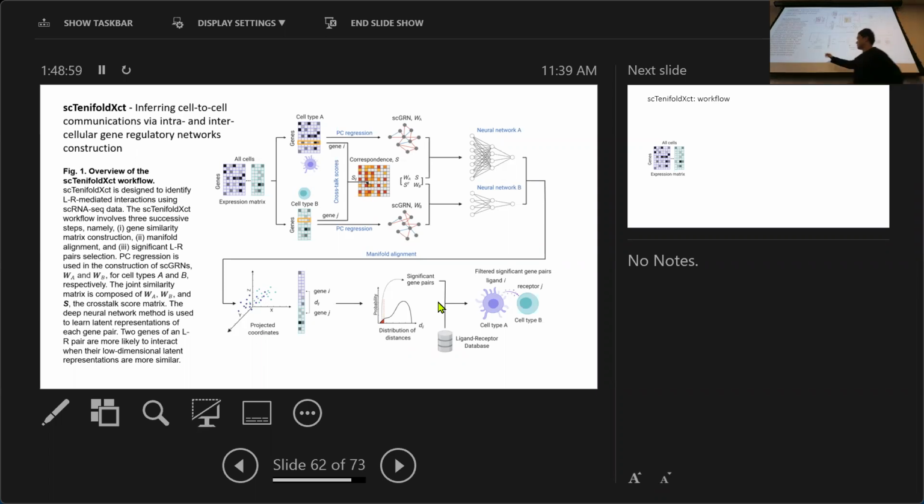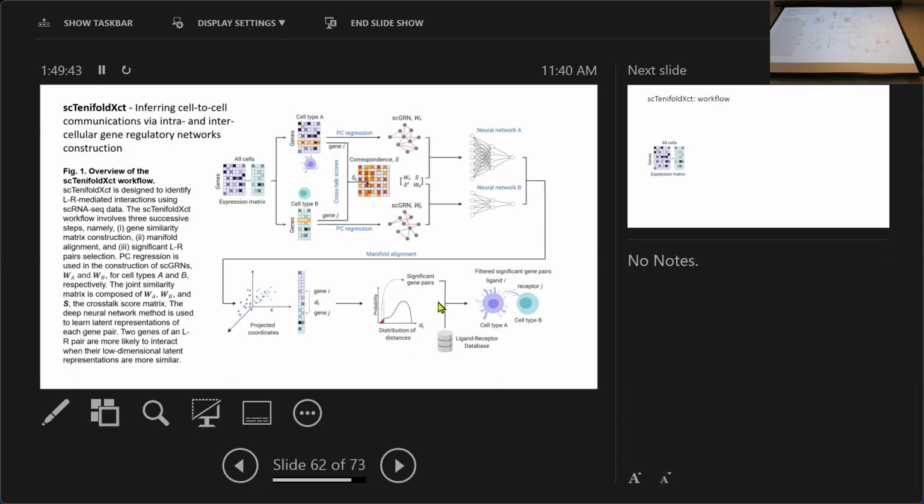And the key technical question is how to obtain the low-dimensional representations of genes from two different cell types. The key motivation is that suppose we have a network A and a network B. We want to project them into a low-dimensional space like this.